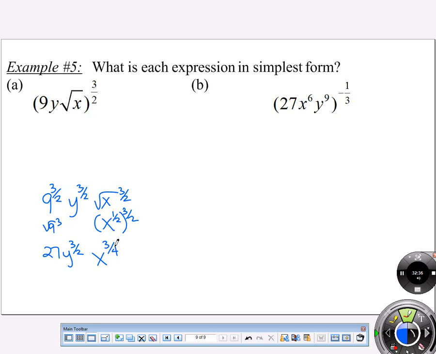Now, to write something in radical form, you have to put them underneath the same radical. Right now, can y and x go underneath a radical with the same index? No. Okay? So if we wanted to write this in radical form, we could have a 27 outside the radical because it doesn't have any exponent on it.